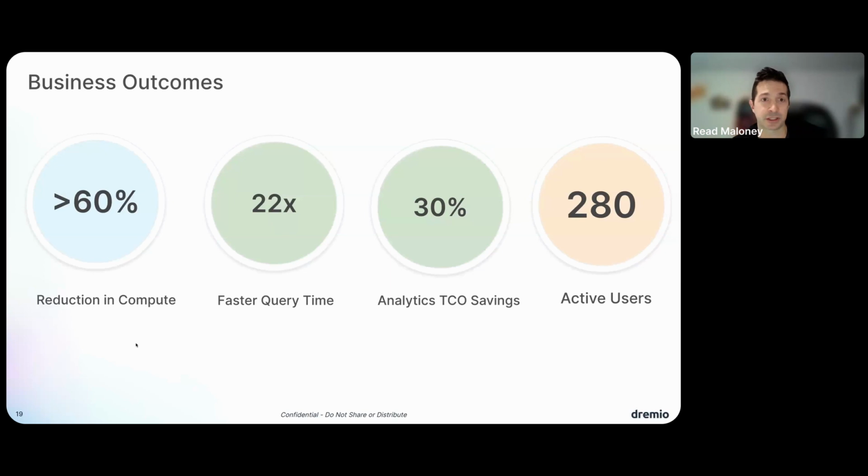Some of the differences they saw: they had 22 times faster query time. They had a greater than 60% reduction in TCO, or reduction in compute. And their TCO savings in the first year, even as they were going through the migration, was already 30%.